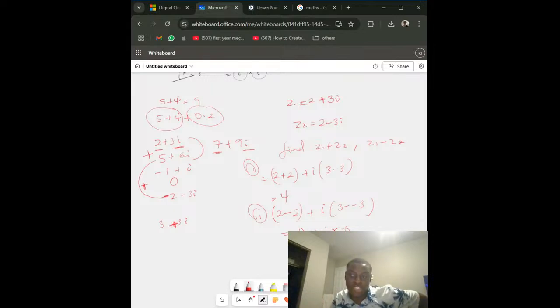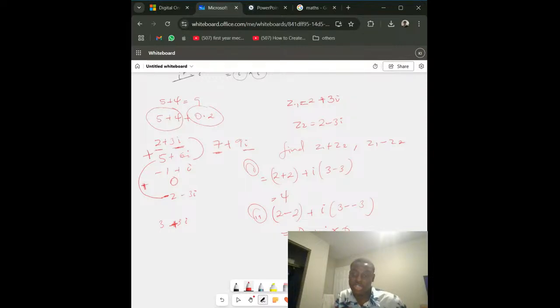This is coincidental, by the way, due to the fact that these two are called conjugates. In a later video, I'll explain to you guys what that means. But you see how in every case, no matter what the question says, we always added the real parts together and the imaginary parts together, whether it was subtraction or addition.